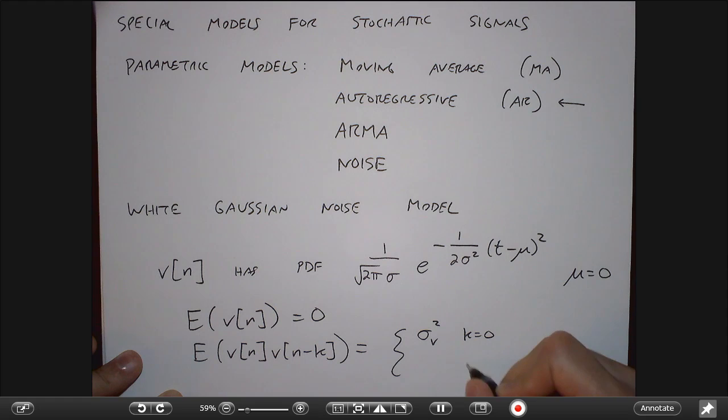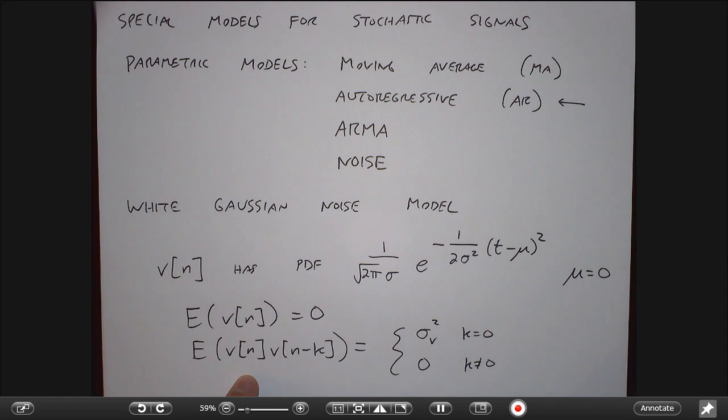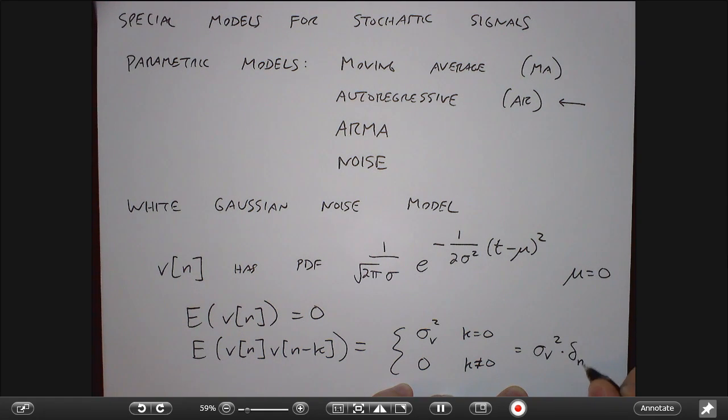And when k is not equal to 0, I assume that things are independent and uncorrelated, which means that one value of the noise doesn't have anything to do with the other value of the noise at a different time. And so a different way of writing this would be sigma squared times a Kronecker delta for when n is equal to k, right?